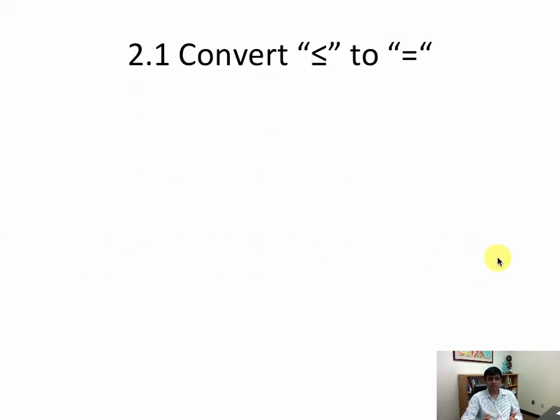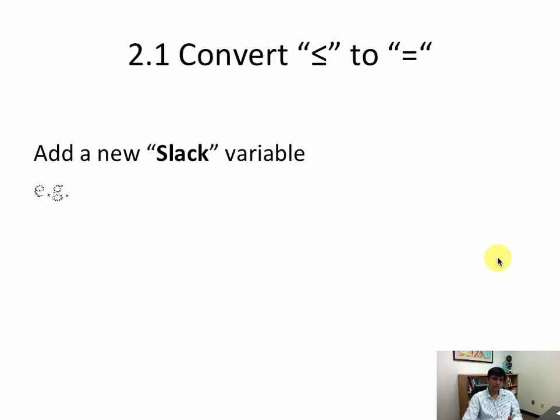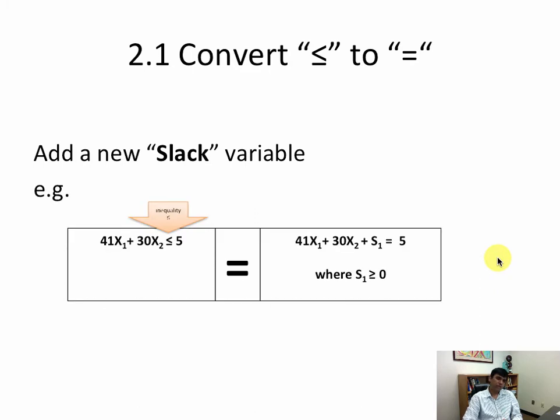Now we have to convert a less than or equal to into an equal to. Here is a new term that we will use. It is called a slack variable. In order to remove the less than or equal to sign, we will add a slack variable whose value is greater than or equal to 0.